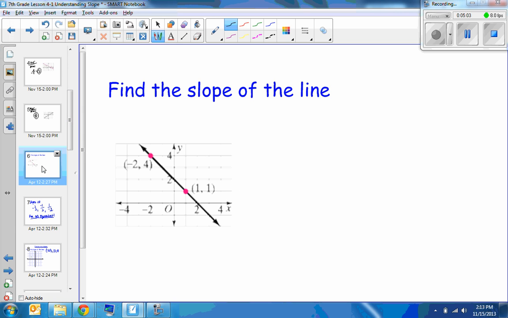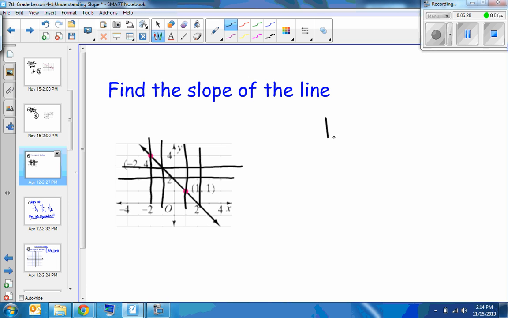Go ahead and try this one on your own. I'm at (-2, 4) and (1, 1). If it's hard to see the line, you can graph this on your paper so that it might be easier for you to count. Remember, rise over run.